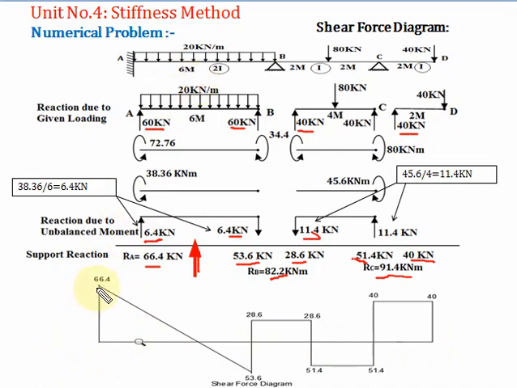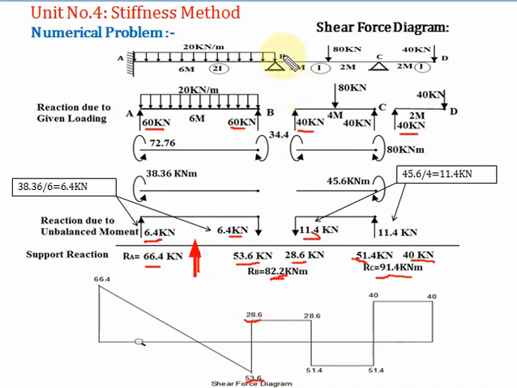Now 66.4 is plus, and here this UDL is acting downward. So 66.4 minus 20 into 6 will give the value 46.4. Okay, so what is the reaction at B? 82.2. So minus 53.6 plus 82.2, the value is 28.6.